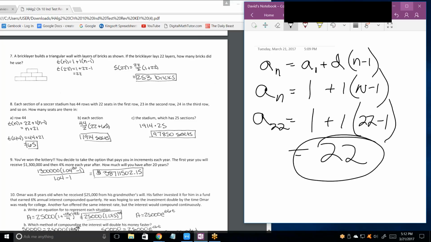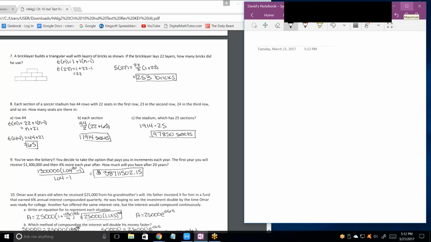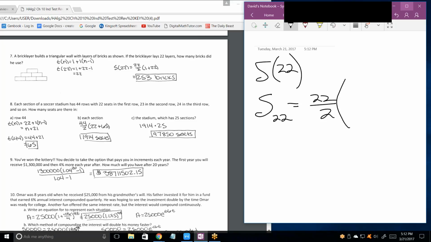Okay, the next question she wants is S of 22, which for me I would write like this. For an arithmetic sum, it's n divided by 2, which is 22 divided by 2, times the first term plus the last term.